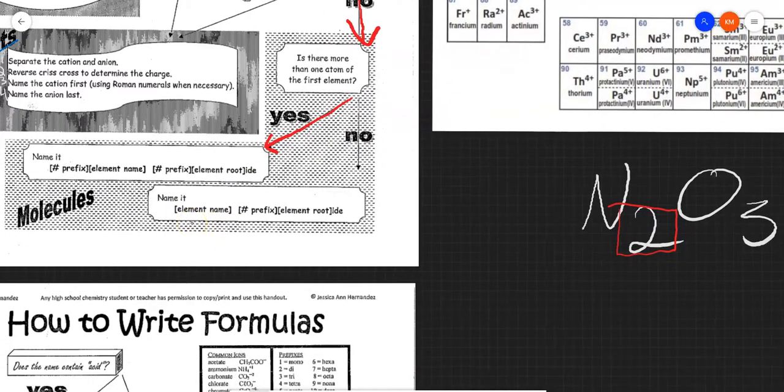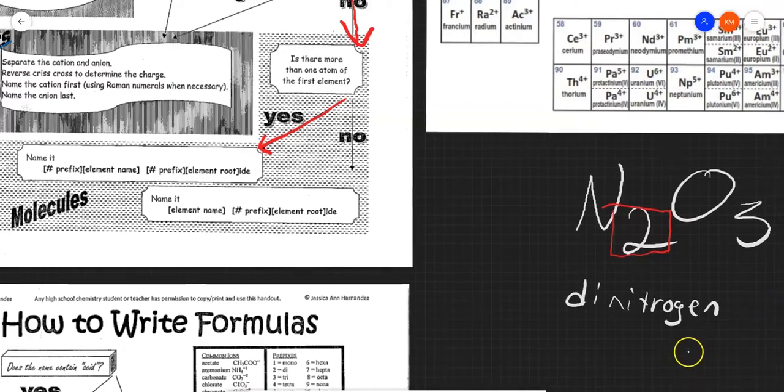Prefix, element name. So I remember from talking about carbon dioxide that the prefix is di for 2. Element name would be nitrogen. It doesn't need to be capitalized. So dinitrogen.